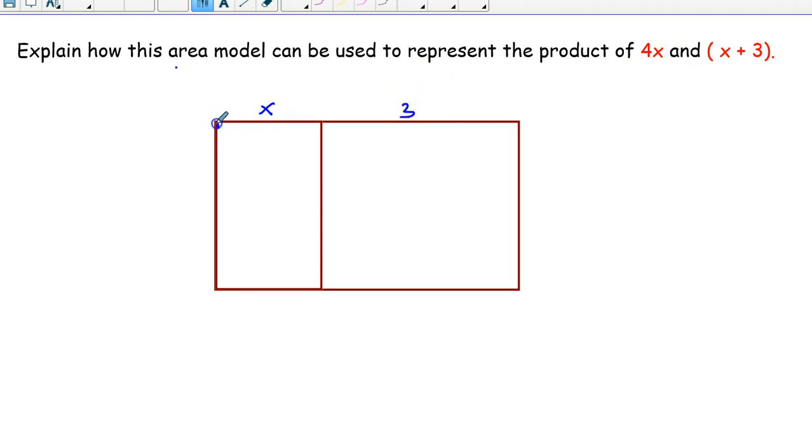This length from this point up to the line has measure x, and the next measure is 3. The measure of this vertical line, or the width, is 4x. The whole length is x plus 3, and the width is 4x.